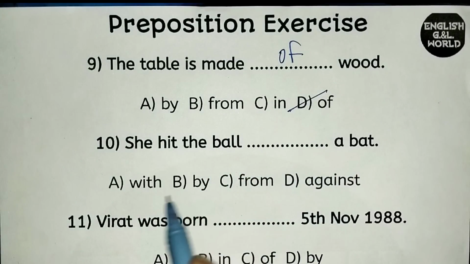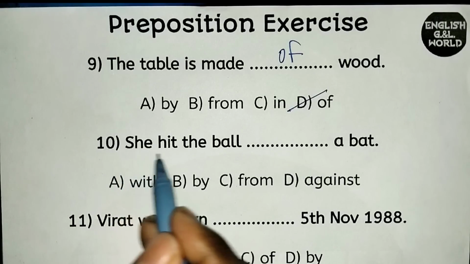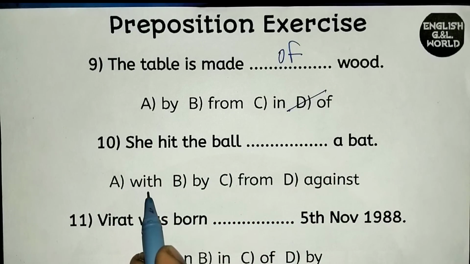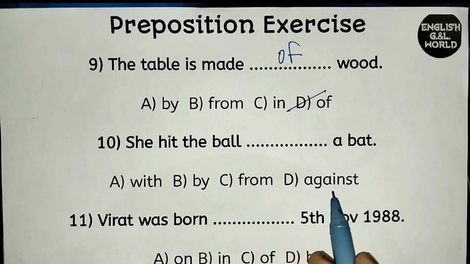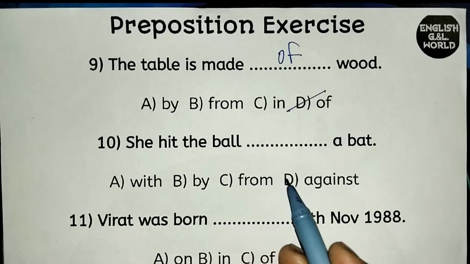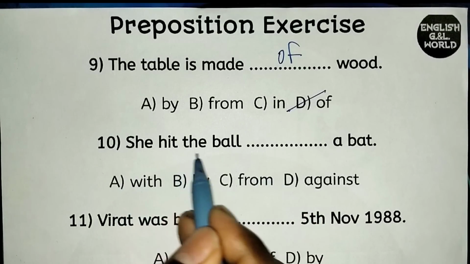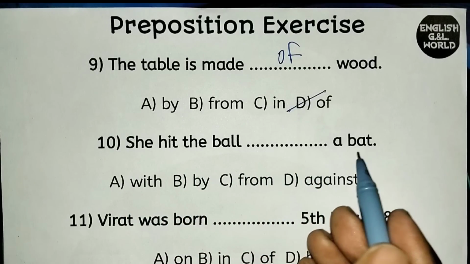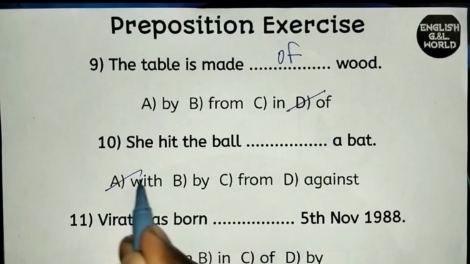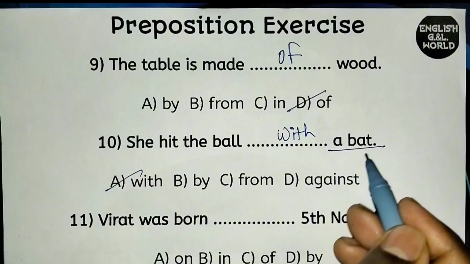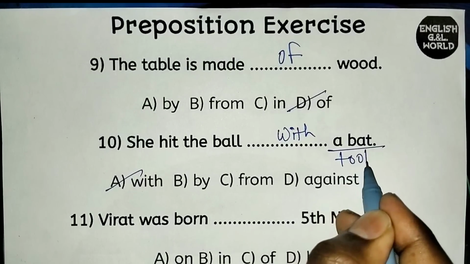Okay. Next. She hit the ball dash a bat. With, by, from, or against. So look, it is the same thing, because she hit the ball with a bat. The right answer is option A, with. Because a bat is a tool.